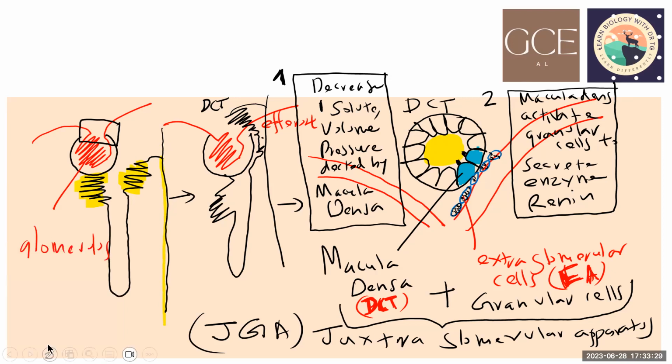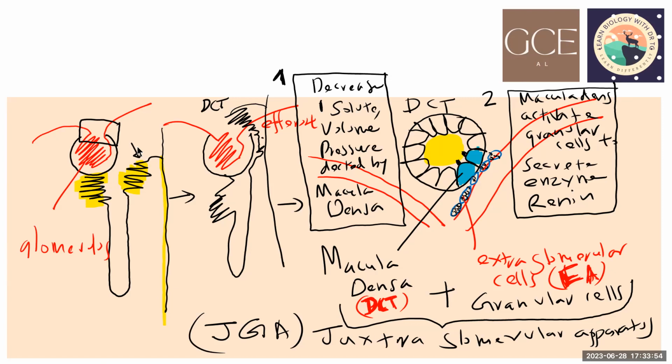So we can understand this place is very important. Still, it can detect the filtrate concentration, volume, and pressure, because the macula densa is sensitive, and the macula densa activates the other cells, granular cells, to release renin. Renin is an enzyme.